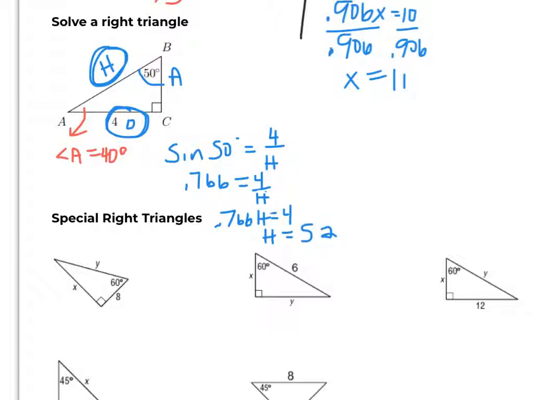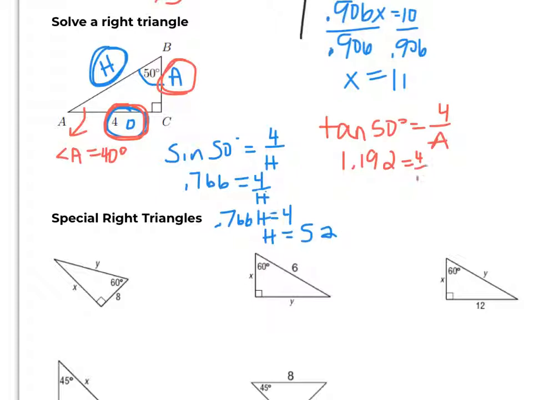Okay, so I've done that. I'm still going to use O, but now I'm going to solve for my other side, which is where I have A. So O and A is tangent. Tangent of 50 degrees equals opposite, which is 4, over adjacent. Tangent of 50 is 1.192 equals 4 over adjacent side.